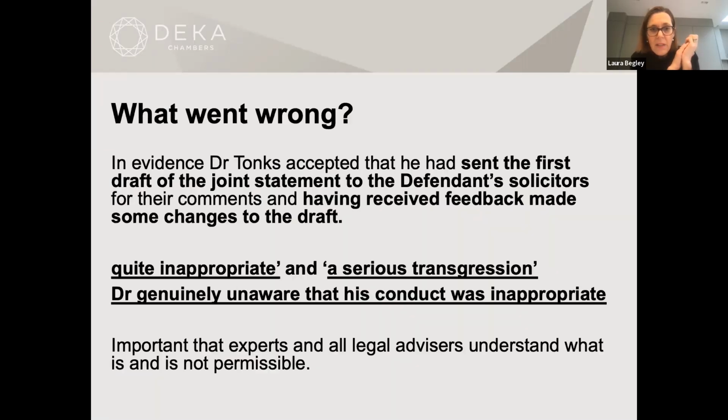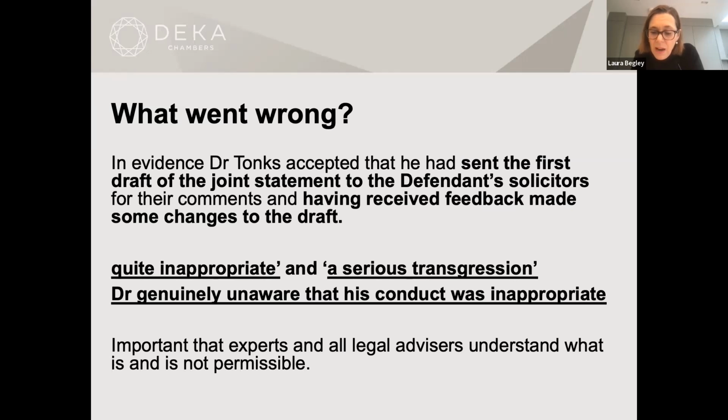So next slide, please. In the BDW case, what happened was Dr. Tonks had drafted a joint report, and he'd sent that draft to the defendant solicitors for their comments, expressly for their comments. And he got some feedback from them, and he made some changes to the draft.